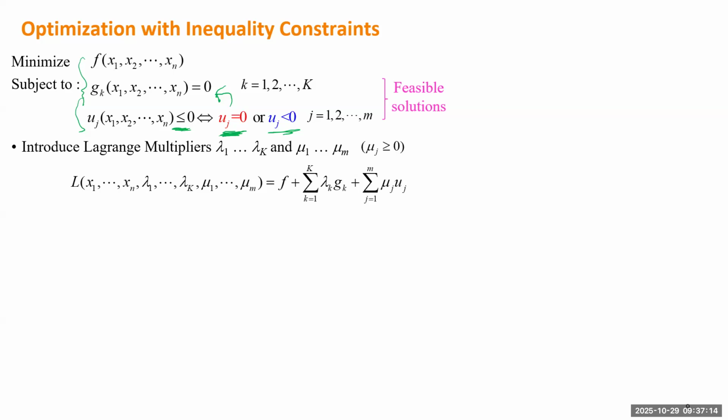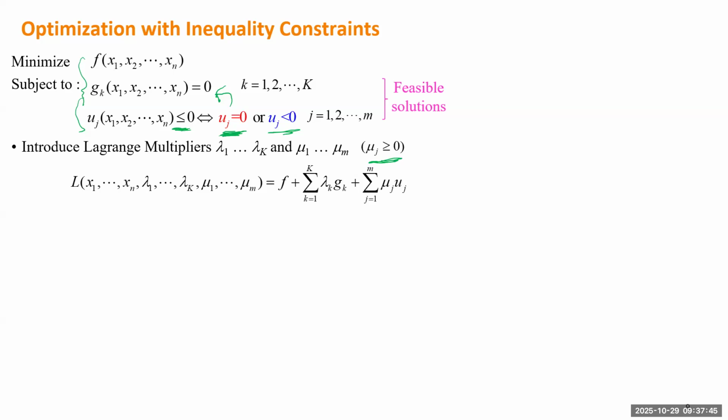But here, because we have inequality constraints, we only want the state to stay on one side of this U, right? U can be 0 or negative. Then we have to define the sign for mu. The mu cannot be negative, so this makes sure it gives you a meaningful penalty or price.